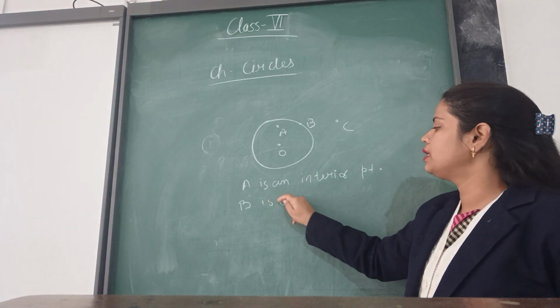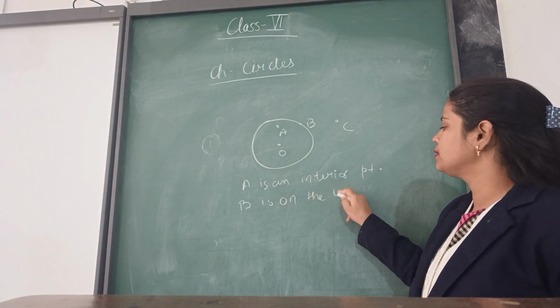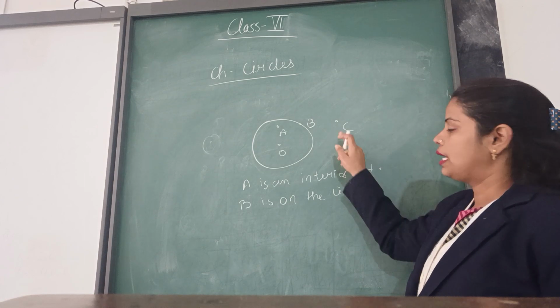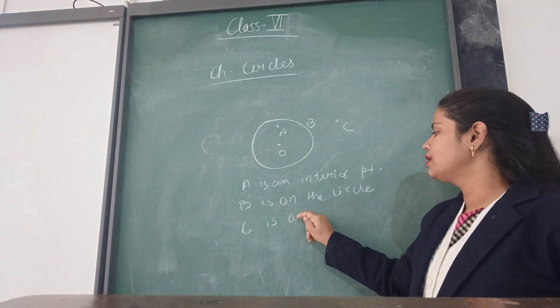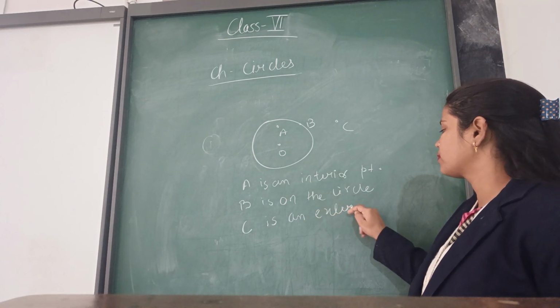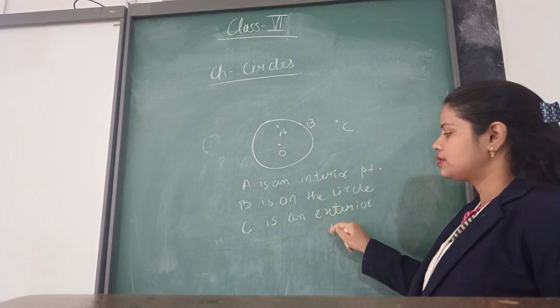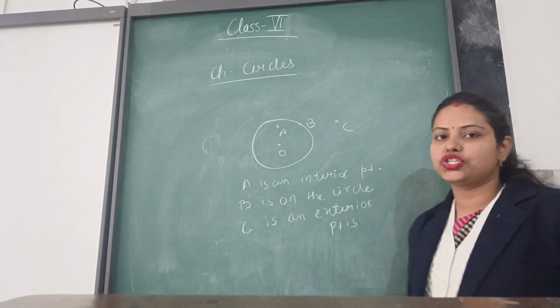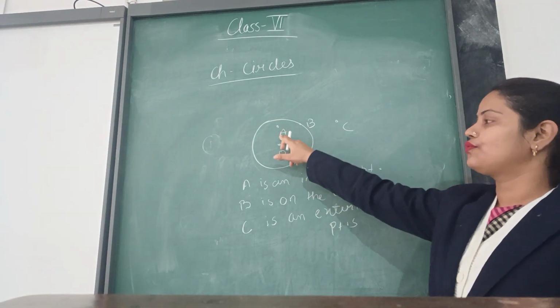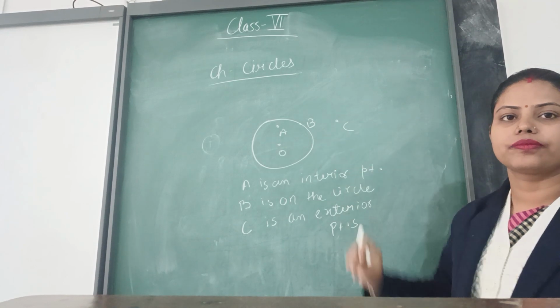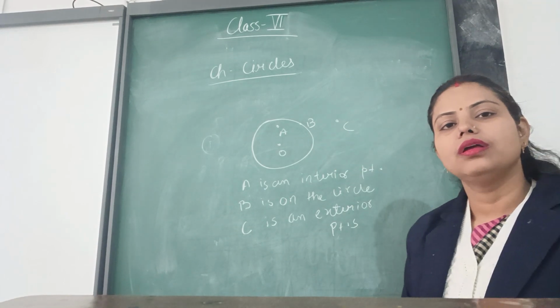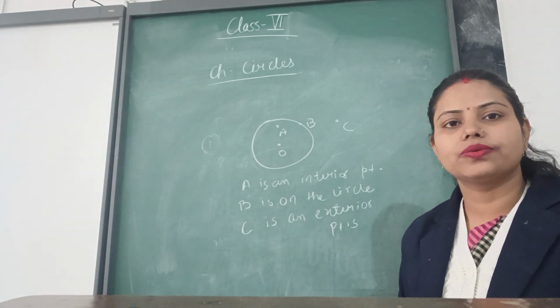So we can write down B is on the circle. And C is outside the circle, so C is an exterior point. So there are three words here for the position of the points: interior of the circle, on the circle, exterior of the circle. I hope that we have understood this question now.